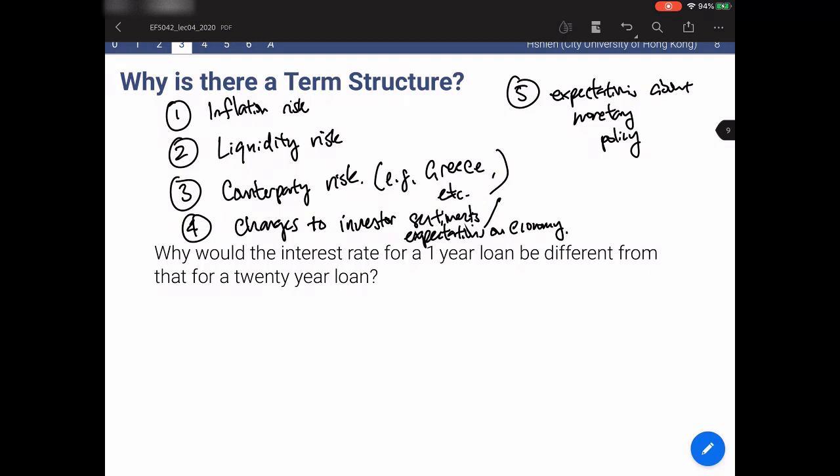Okay, so simple changes in expectations of how the central bank adjusts the interbank lending rate can have an impact on the yield curve.